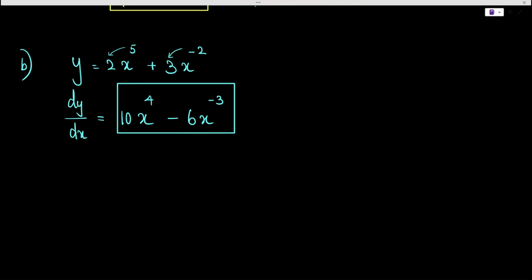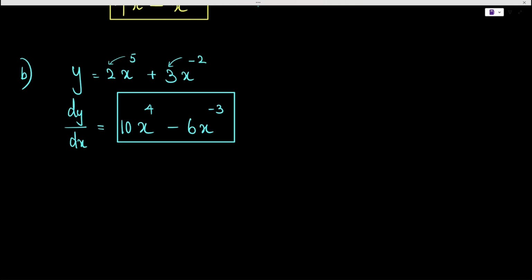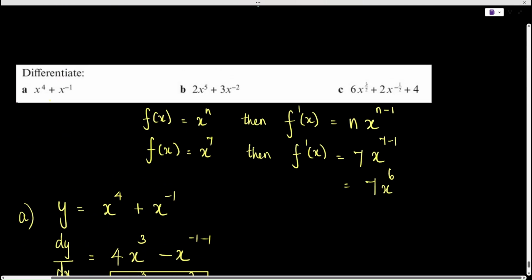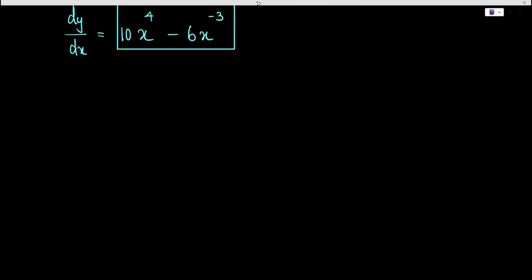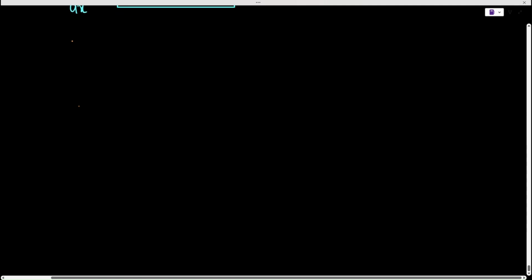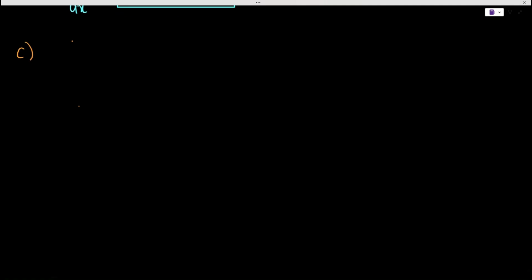Now let's look at C. For C, we have 6x to the power of 3 over 2. So y is equal to 6x to the power of 3 over 2 plus 2x to the power of minus 1 over 2 plus 4.